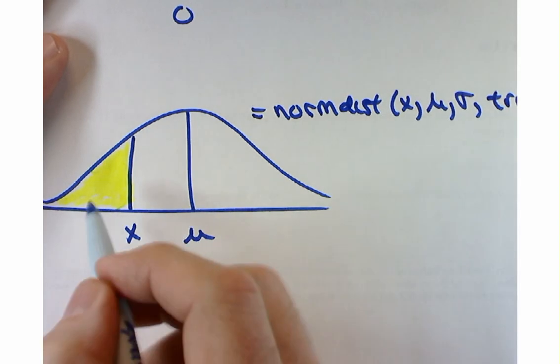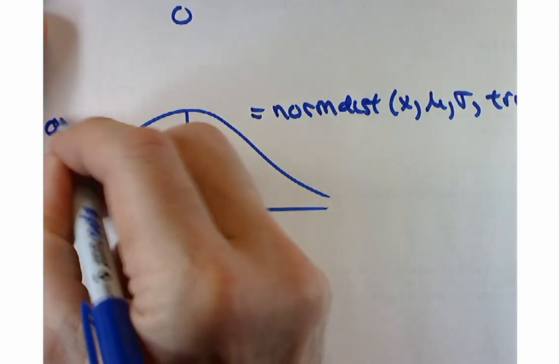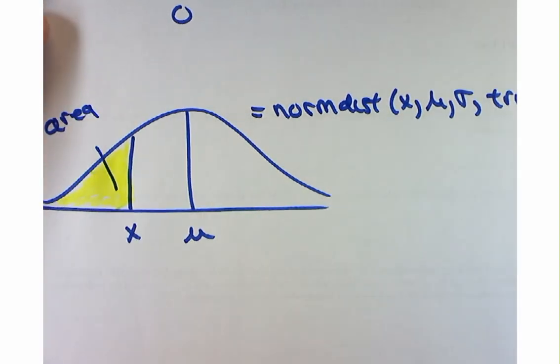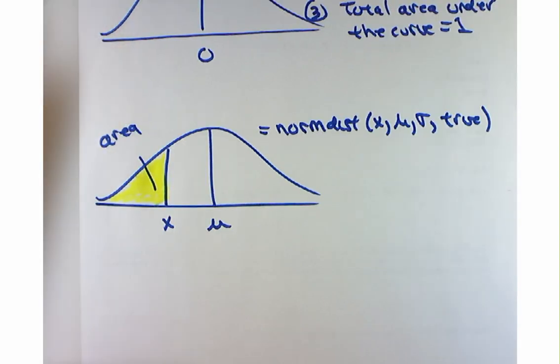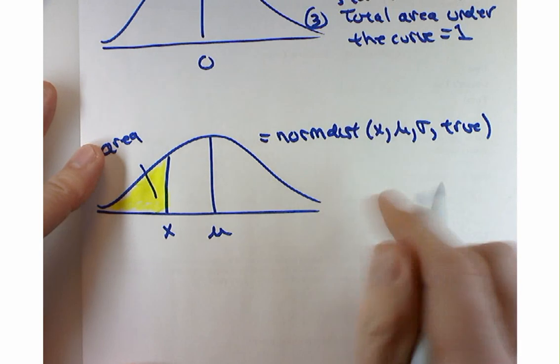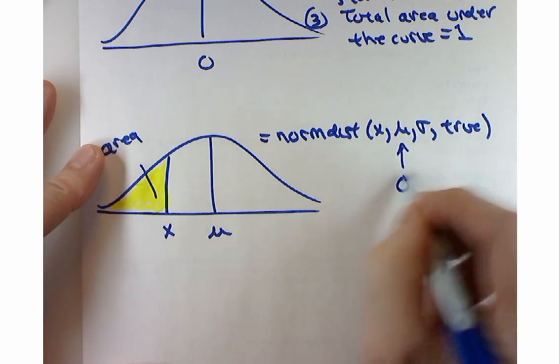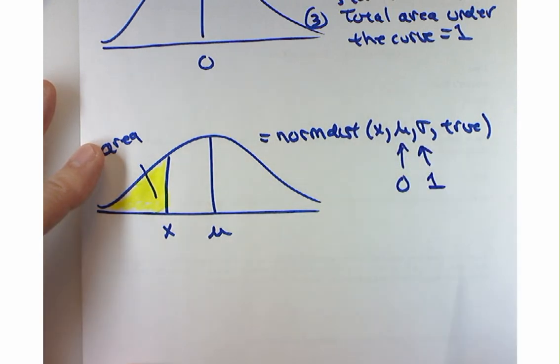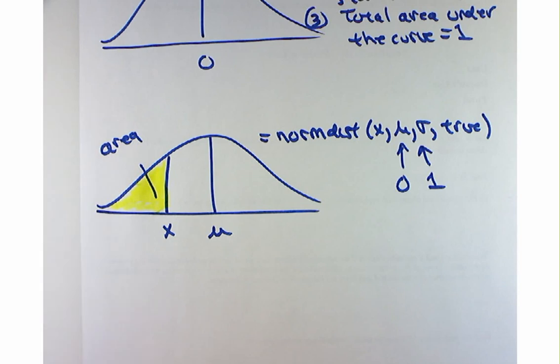And it's going to give you the area to the left of that value. That's how this is going to work. Now, in section 6.1, the mean is going to be 0, the standard deviation is going to be 1 for all the curves that we're going to work with in section 6.1. That's going to change when we start working with our non-standard normal curves, but for right now, that's it.